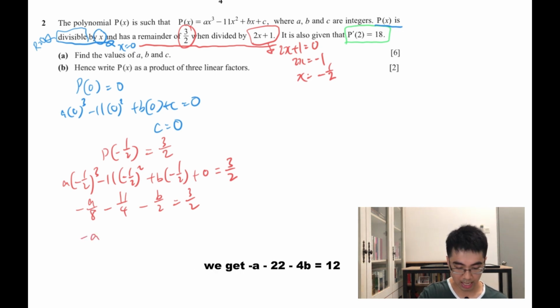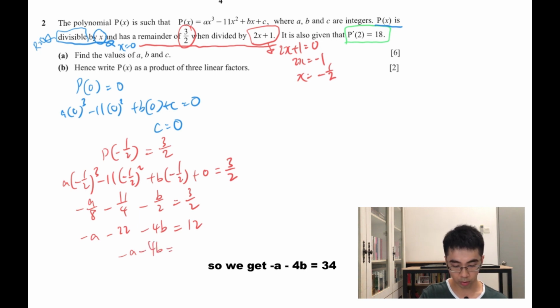We got negative a minus 22, and then minus 4b equals 12, right? So we got negative a minus 4b will be 12 plus 22, which is 34. Or we can write it as positive a plus 4b will be negative 34.